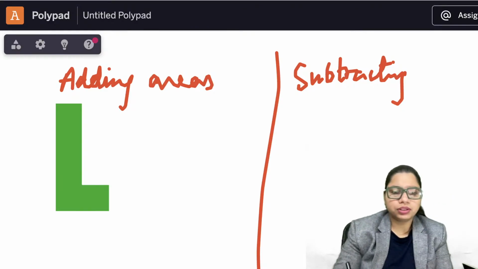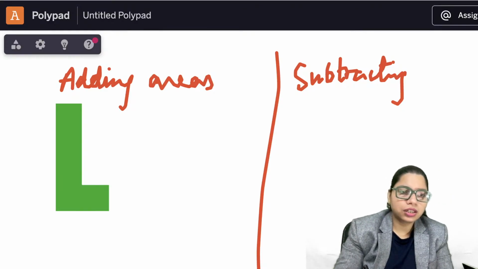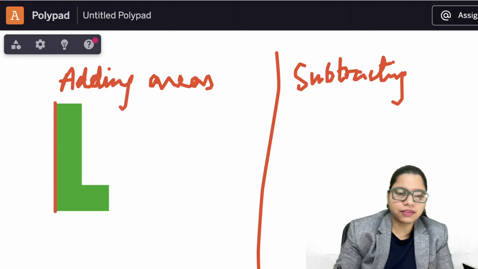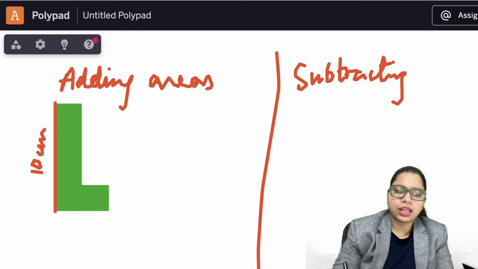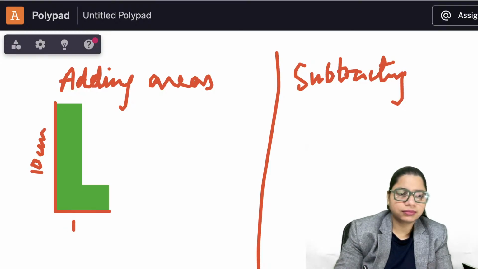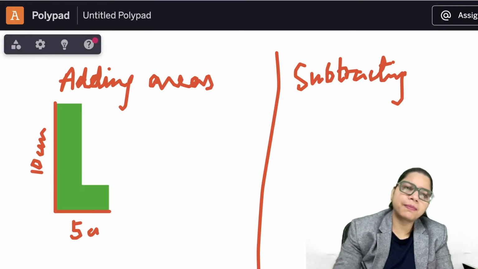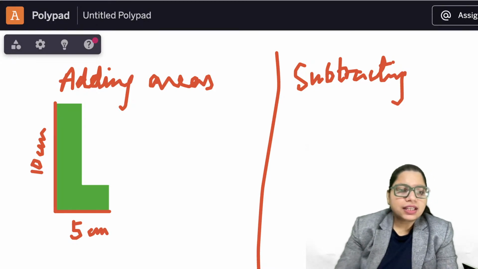Say for example, we have the longer length given to us, that's 10 centimeters, and the base is 5 centimeters. We have to find out the area.